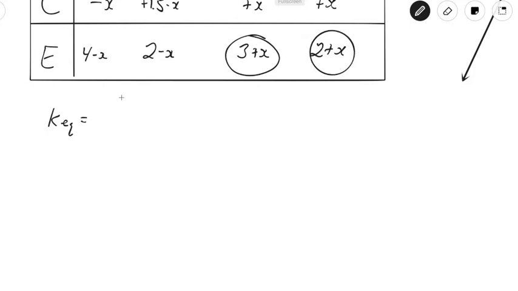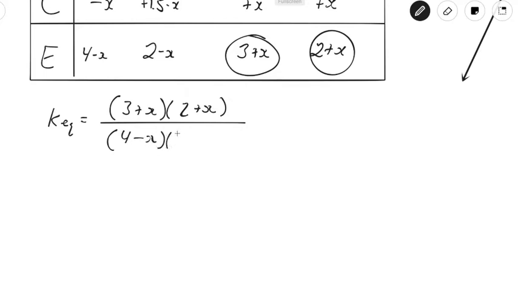So our KQ expression is going to be equal to 3 plus X multiplied by 2 plus X all over 4 minus X multiplied by 2 minus X. These are from these parts right here.